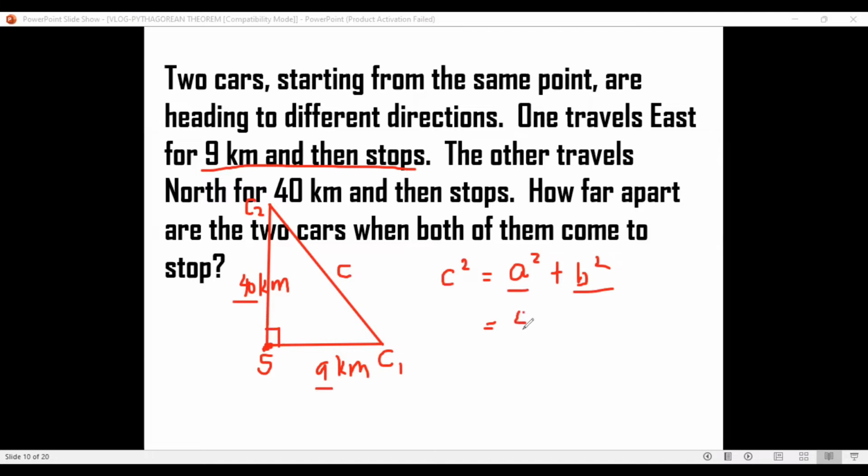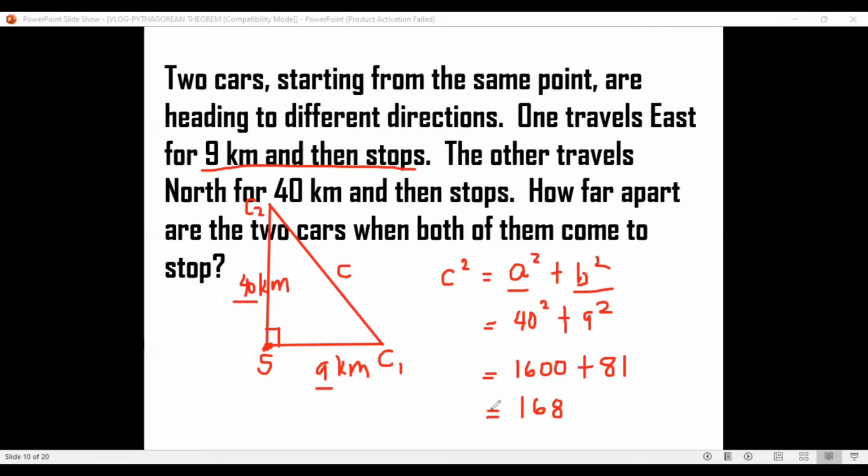Okay, so I will just go to that one, 40 as our altitude in the representation for your triangle, while the 9 now being the base, so 9 squared. So what do we have here? 40 squared is of course 1,600, and the 9 squared is equal to 81. So 9 times 9 is 81. And of course, adding this, that will result now to 1,681.